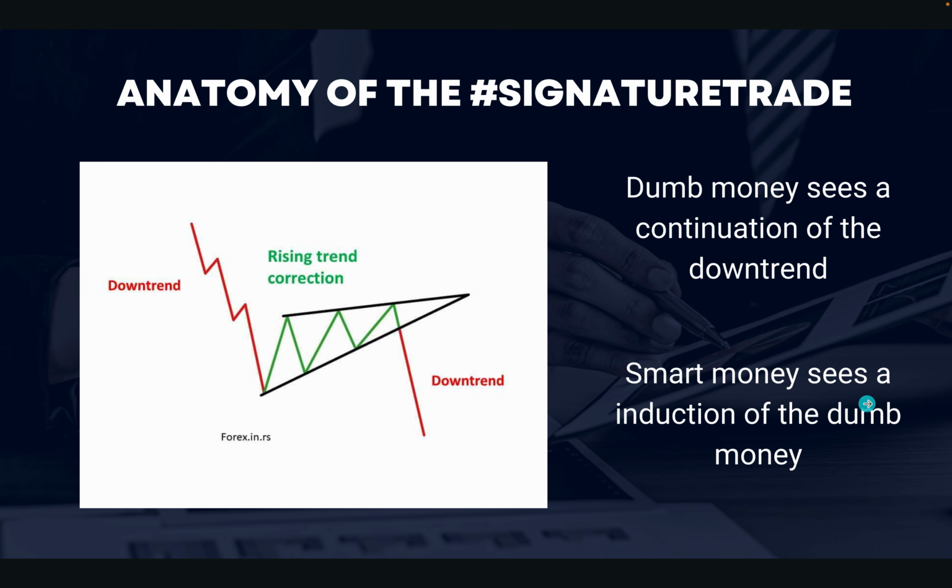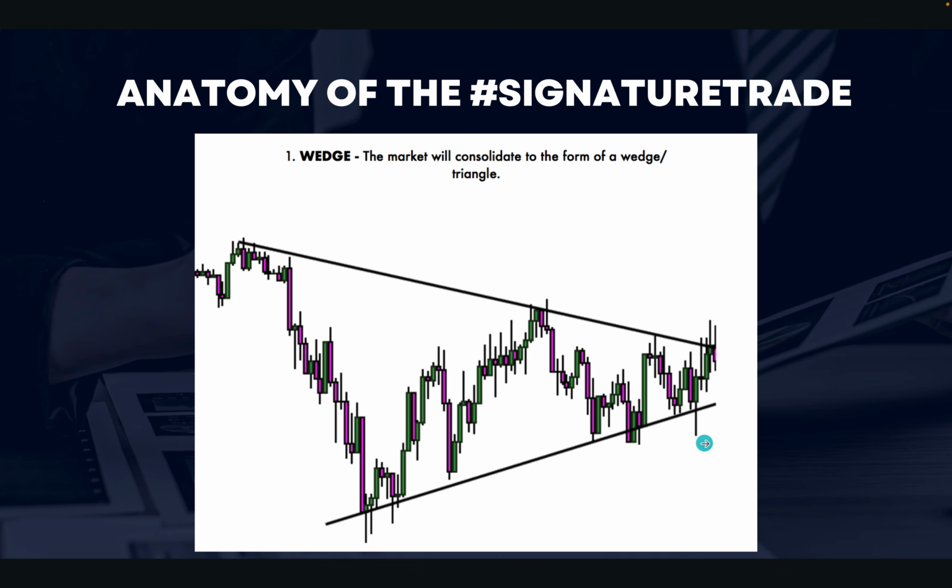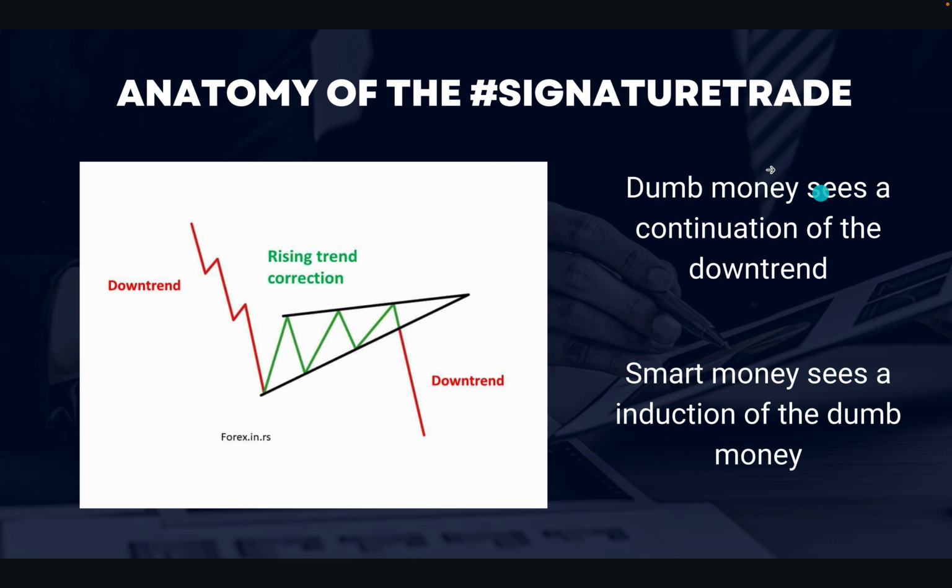Smart money sees an induction of the dumb money. Notice the difference here. So dumb money trades like this. Smart money trades dumb money. Smart money trades based off of what dumb money is thinking.